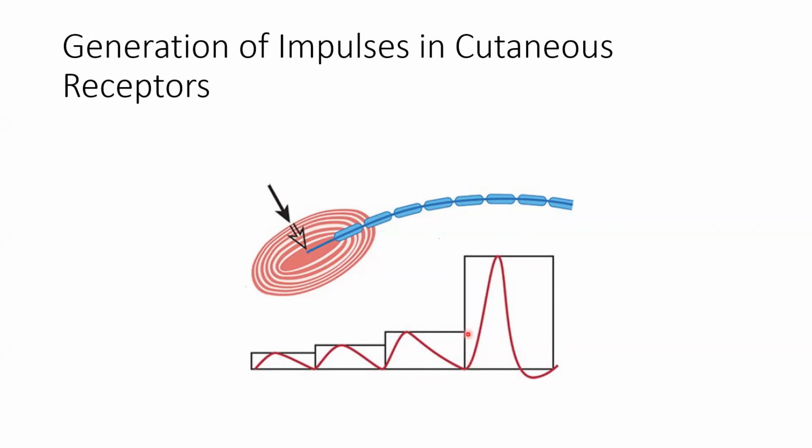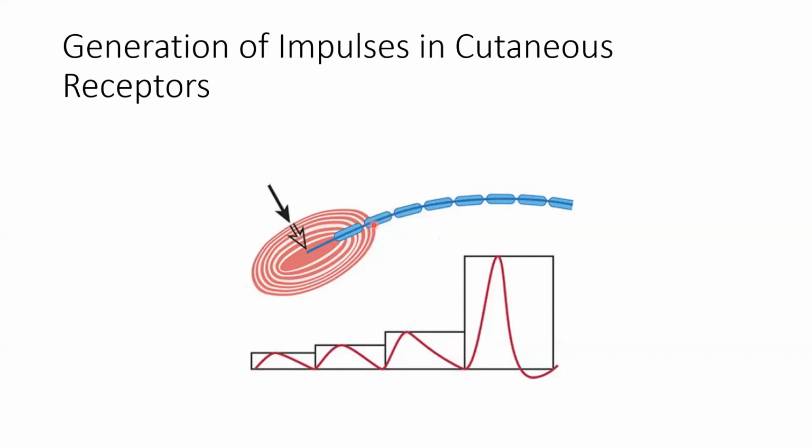But once it reaches a threshold in which it generates an action potential, then that action potential is propagated throughout this nerve pathway, and will now be perceived as a stimulus effective enough to be perceived by the receptor. So in the Pacinian corpuscle, there is a myelinated portion of the sensory nerve, along with the first node of Ranvier of the sensory nerve.